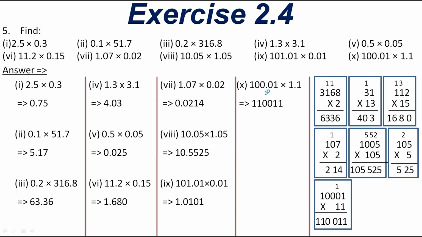Now here in the first number we have 2 digits after decimal point, here 1 digit after decimal point. So totally 3 digits should be there after decimal point. Therefore we have to put decimal point here. Okay, so I got the answer as 110.011.